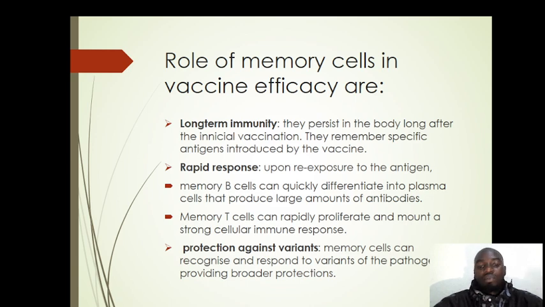Then, protection against variants: like the influenza virus, sorry, the memory cells can recognize and respond to variants of the pathogens, providing broader protection, as I have said, for the influenza virus because it can vary. Those memory cells can provide broader protection.